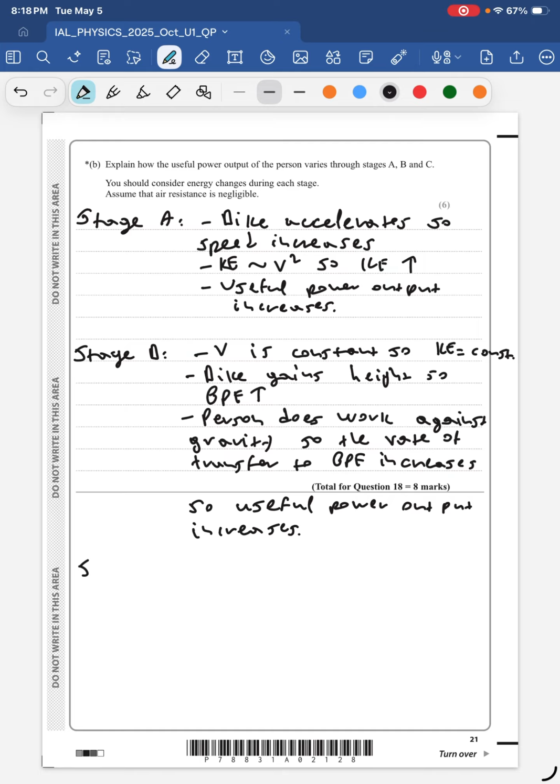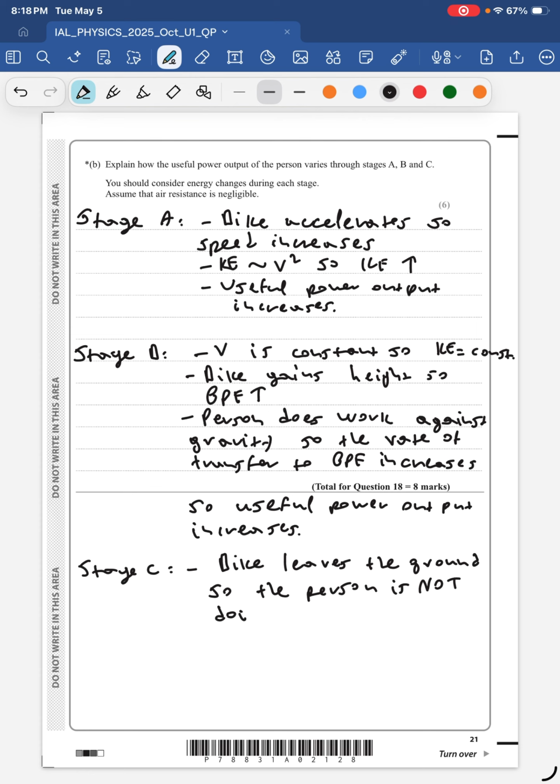Now stage C, okay, the bike leaves the ground. So the person is not doing work, okay.